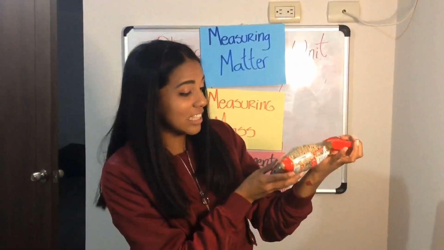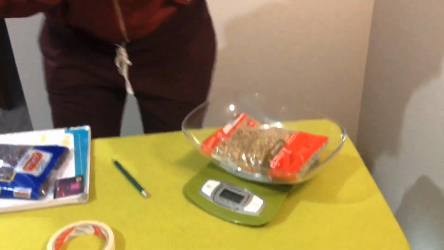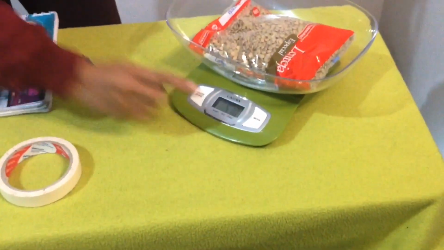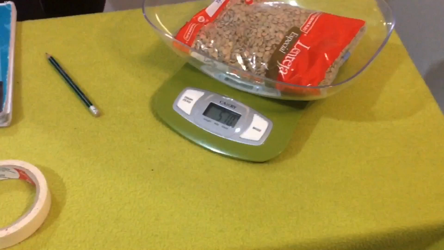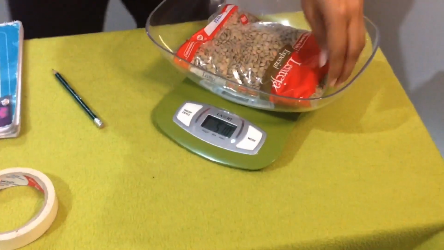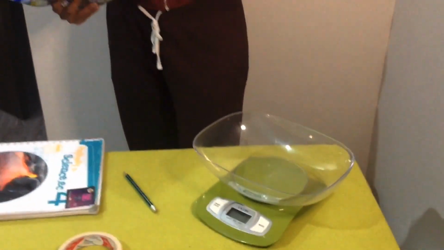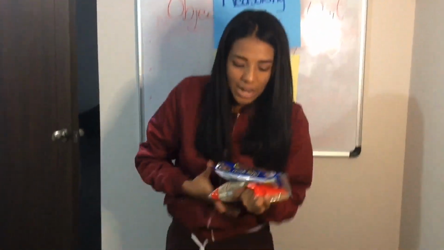I have some lentils in here. It said in here that also have 500 grams. Let's see. If I put it in here, I can see that are 510 grams to be specific. And what if I put these 500 and something and 500 and something both together in the scale?